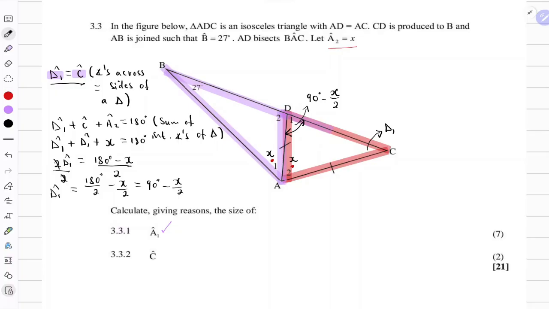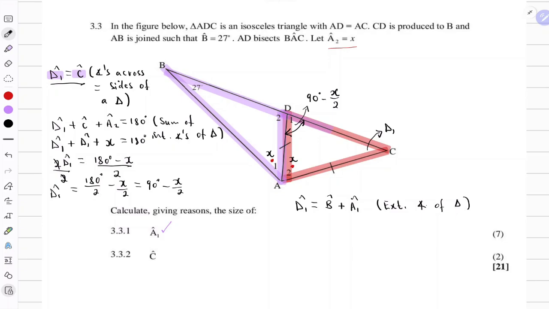So we can say that angle D1 is equal to angle B plus angle A1, and this is because of the exterior angle of a triangle.